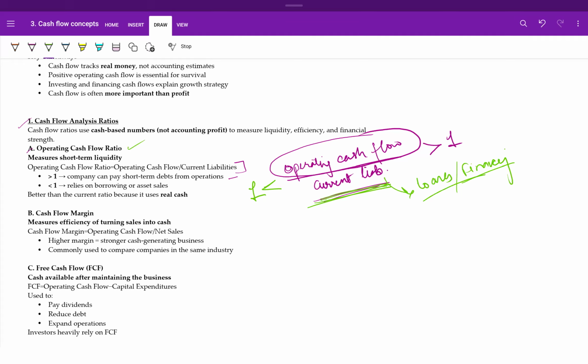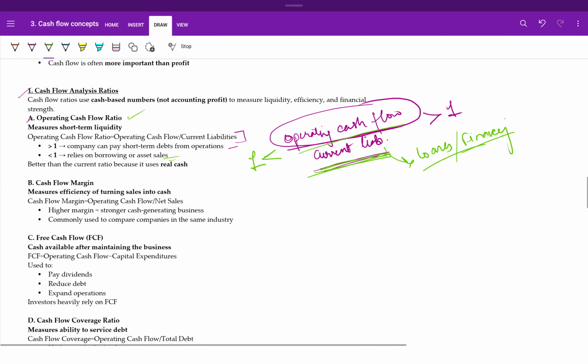If we are able to generate positive cash flows from operations, good, and if we are not able to generate positive cash flows, this means that the company relies on borrowing or asset sales basically. That's the basic understanding. Less than 1 or greater than 1, this is what it indicates.